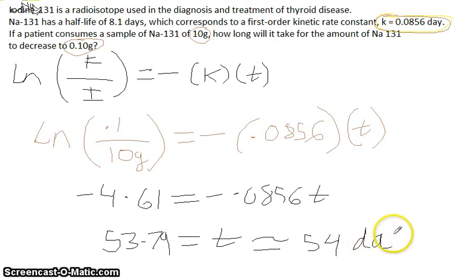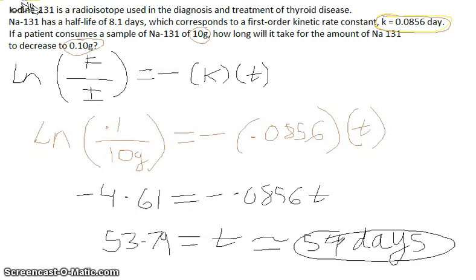In this problem, we have used the first-order kinetic rate constant to find the amount of time it takes for a sample of sodium-131 to decay over a period of 54 days. You can also use the half-life equation because they also gave you a half-life of 8.1 days.